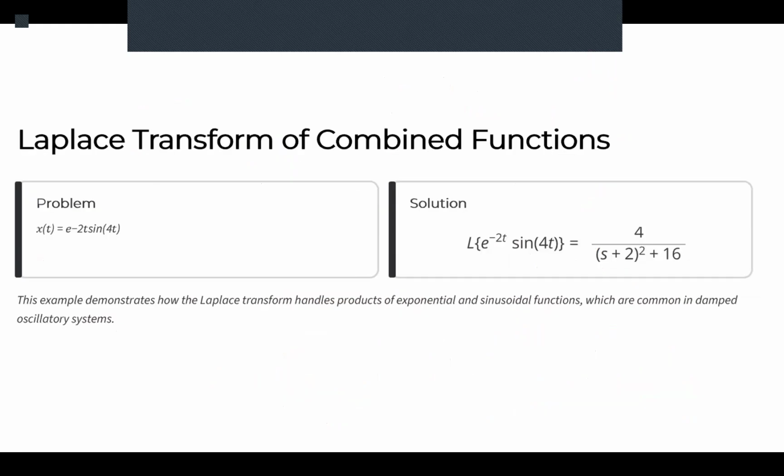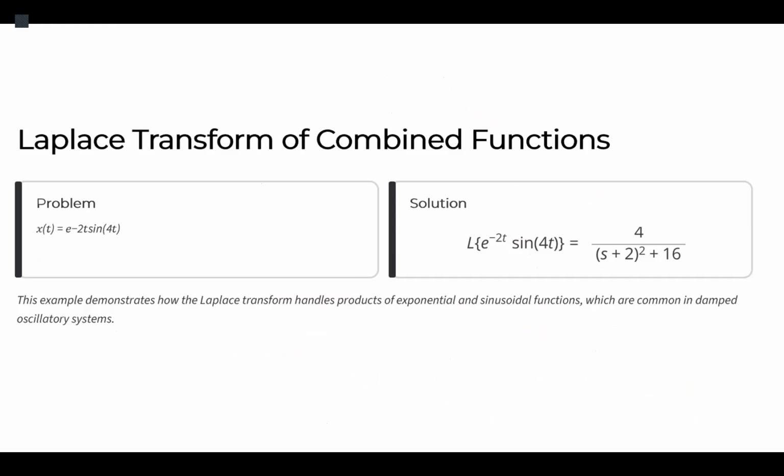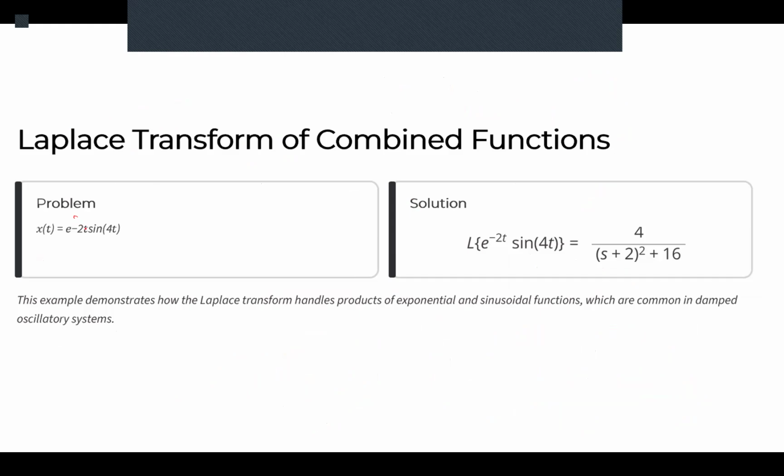Okay. Now, what if we have a more complex function: e to the power of minus 2t sine of 4t. This one is better to show as x of t.